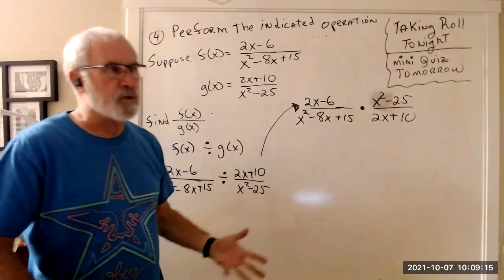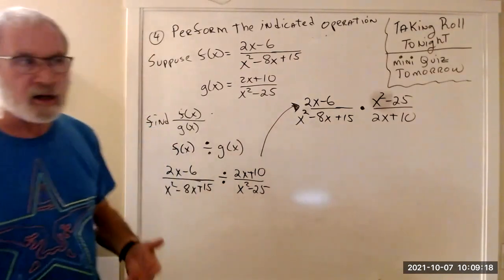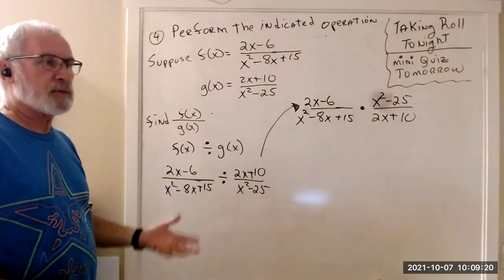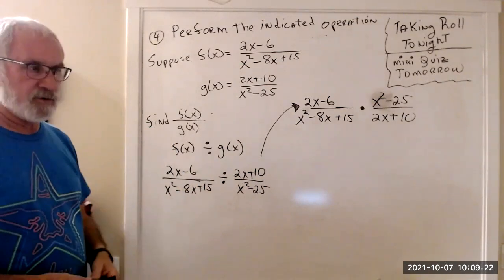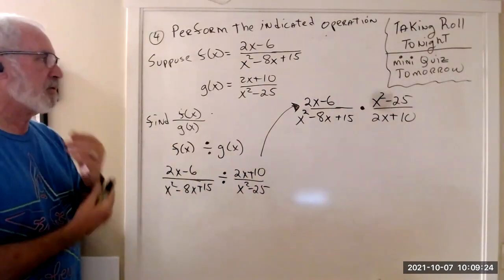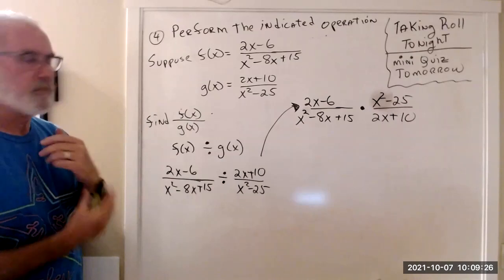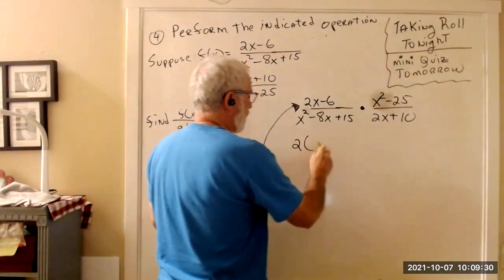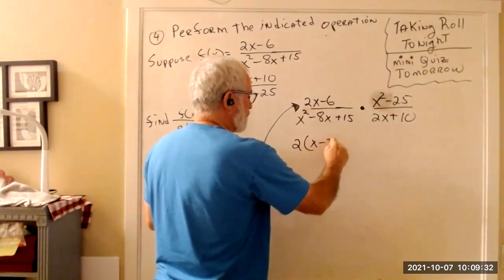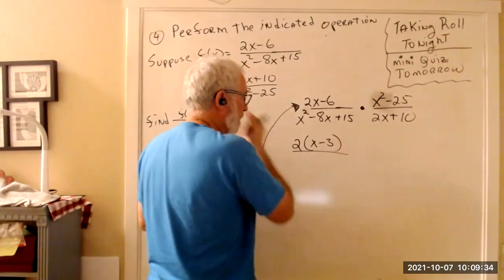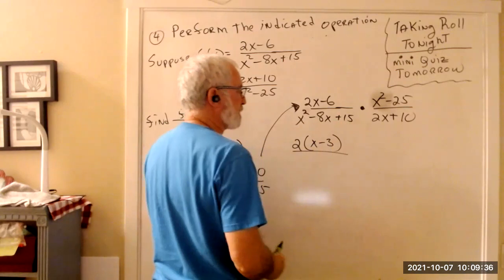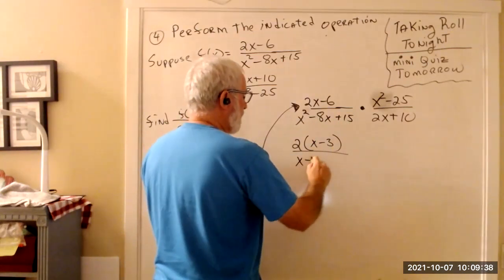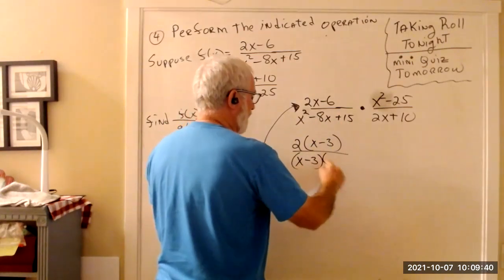Now that's all arithmetic. But now we got to get to the algebra part, and the algebra part says factor. So we have to be able to factor everything. To factor 2x minus 6, factor out a common 2, that leaves x minus 3. X squared minus 8x plus 15 became x minus 3, x minus 5.